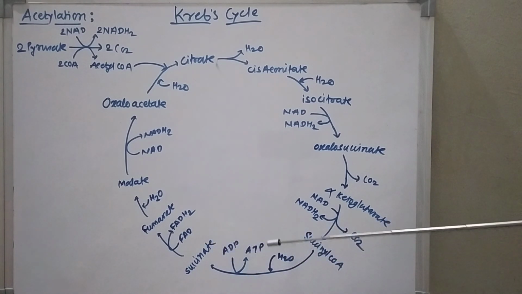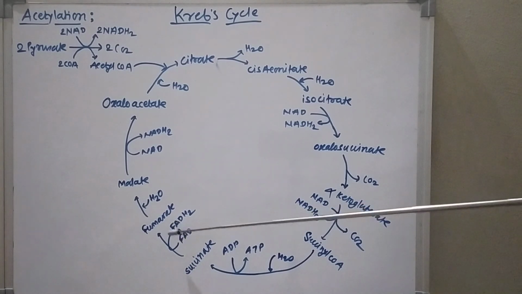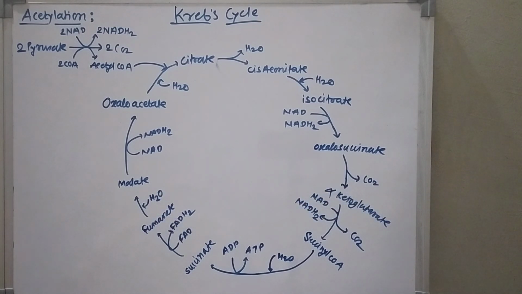Now succinate by dehydrogenation is converted into fumarate. Fumarate reacts with water to form malate, and lastly the malate by dehydrogenation is again converted into oxaloacetate. Here the Krebs cycle, which is the last step of aerobic respiration, is completed.